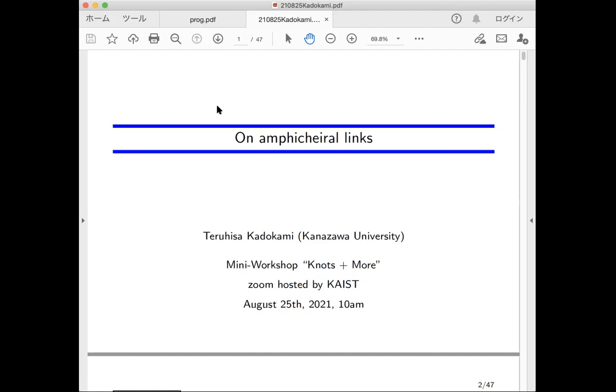And today we show there exist two-component Amphicheiral links with the minimal crossing number 9 and 11. They are prime ones.